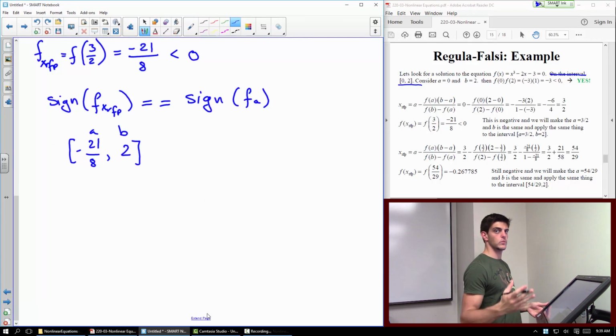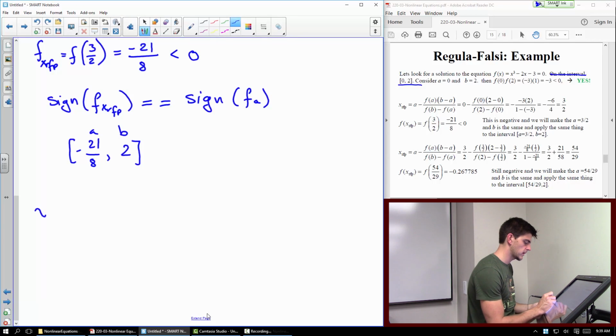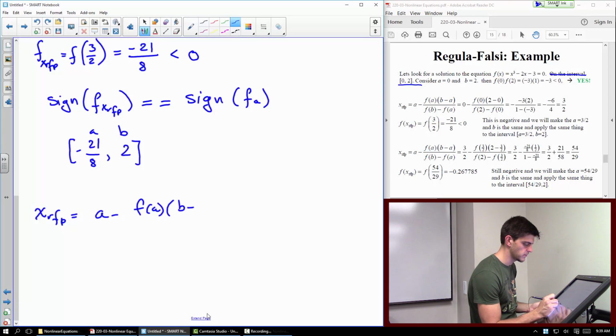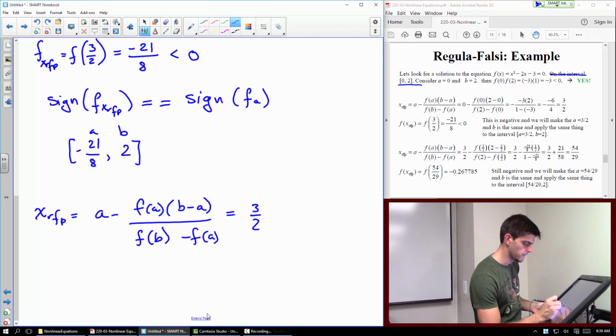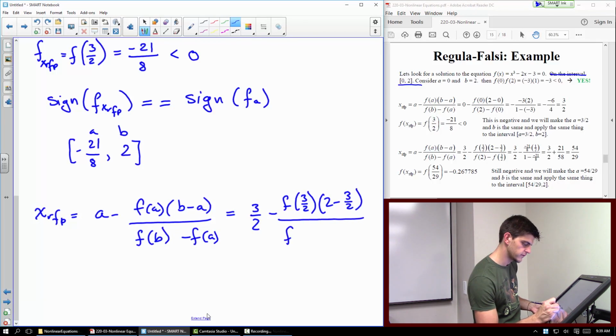So now we go ahead and we repeat the process one more time. X r of p equals a minus f of a times b minus a all over f of b minus f of a, which equals 3/2 minus f 3/2 times 2 minus 3/2 all over f of 2 minus f of 3/2.